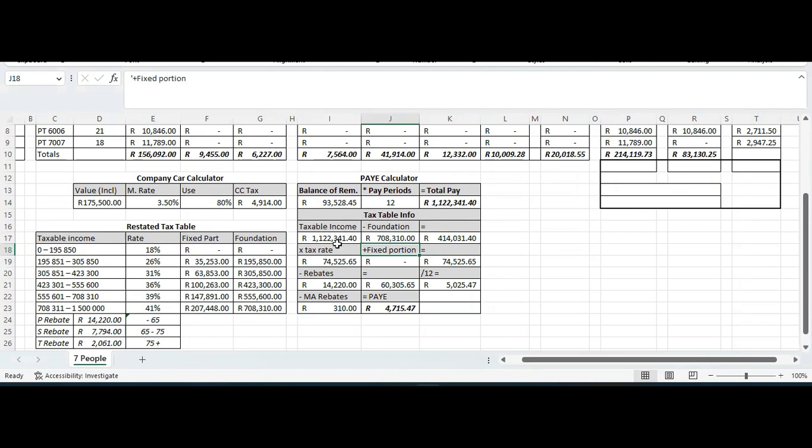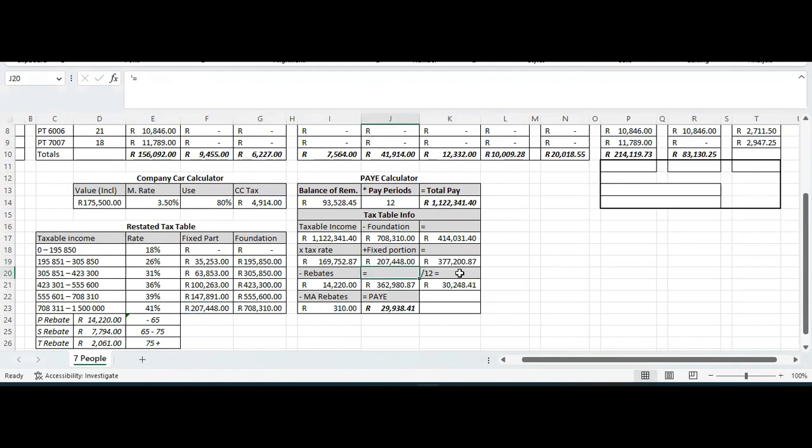So that's what are we looking at here? Another 450,000 about. Okay, so we take that 414 and we multiply that with his tax rate that is certainly not 18%, which is 41%. Okay, and he must pay that fixed portion that is indicated there.